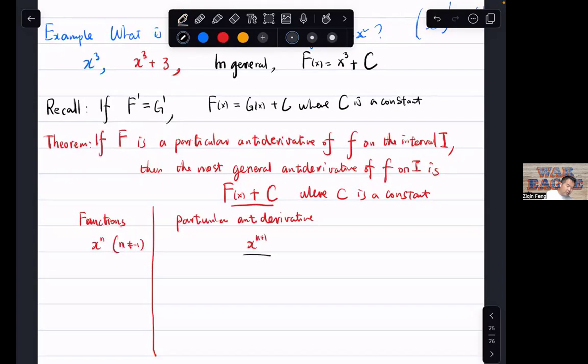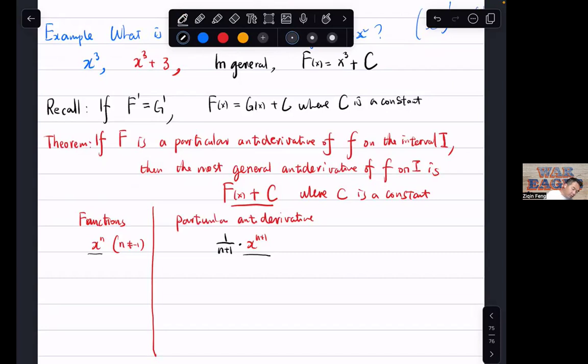But the derivative of this is (n+1) times x^n. We are looking for the function x^n here, so just cancel the n+1. So that's why n equal to -1 doesn't work. If n is -1, n+1 is 0.